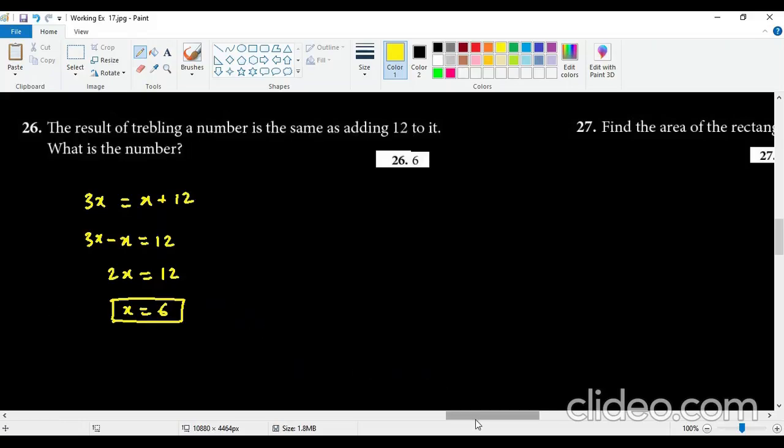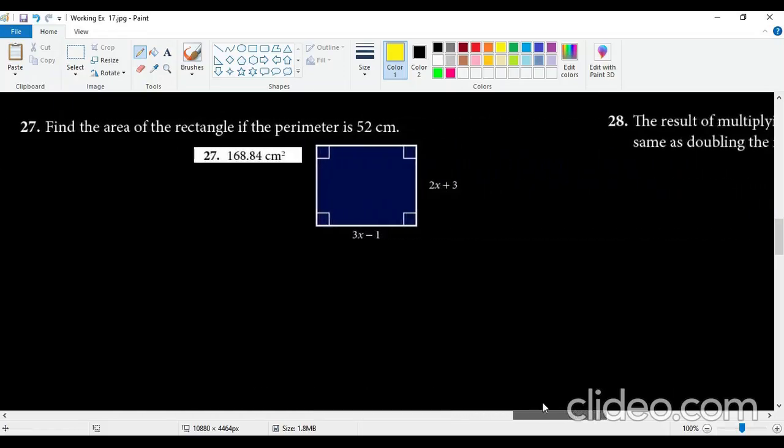Then comes find the area for a rectangle if the perimeter is 52. That means 2 times (3x minus 1 plus 2x plus 3). So in here what we can see is 2 times 3x plus 2x is 5x, and 3 minus 1 is 2, equals 52.